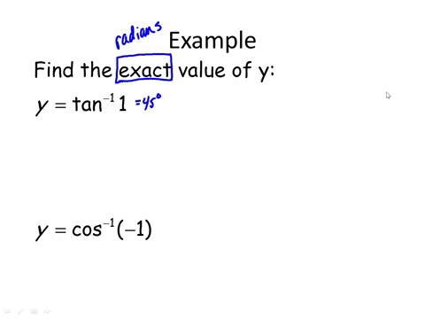Does anybody know the radian measure for 45 degrees? You can figure it out, yes, but flip-flop it. Because this is going to be over 1, so you want your degrees on the bottom. Is that what you said? You may have said that. Okay. So, what's it going to be?